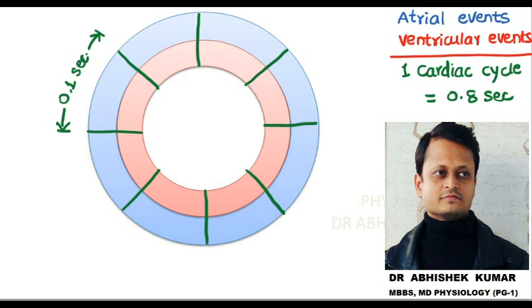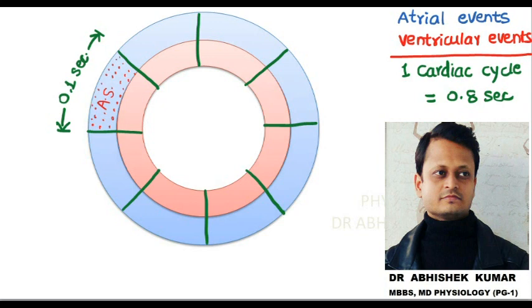So if we begin from here, this shaded region in red on the outer circle represents the atrial systole. This is around 0.1 second in duration.